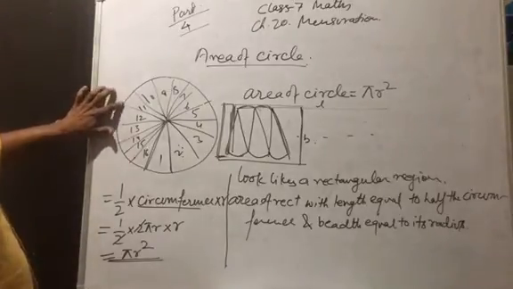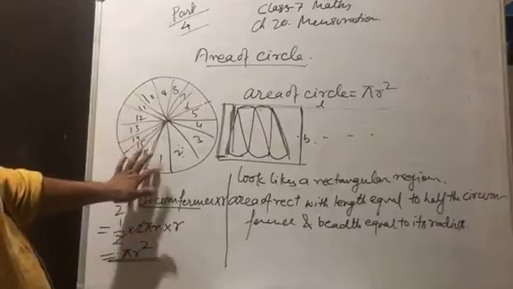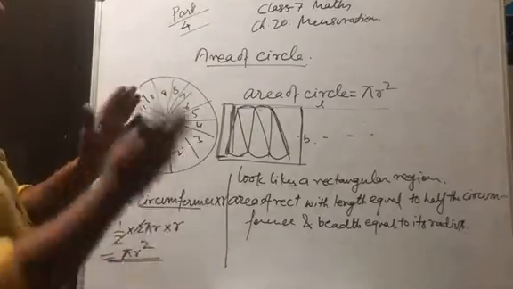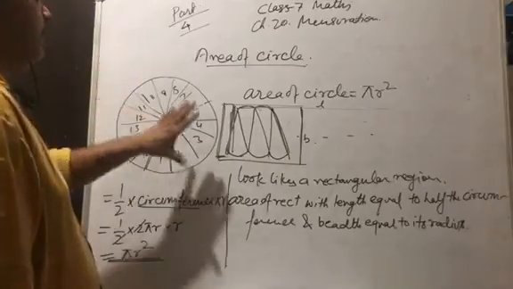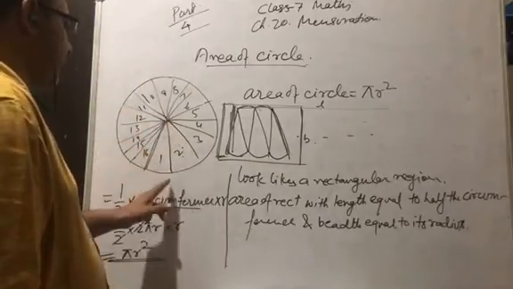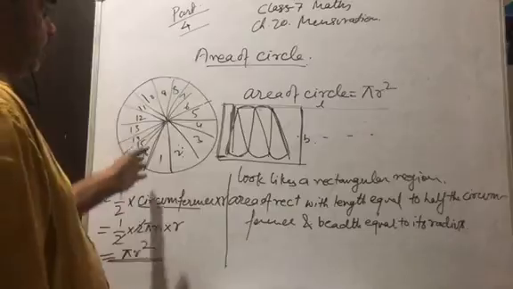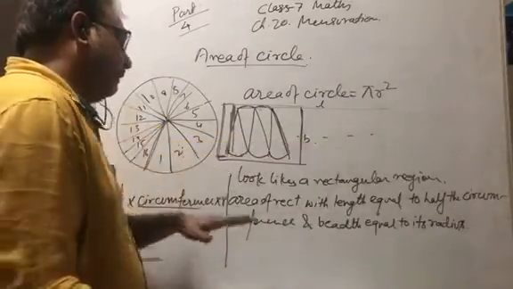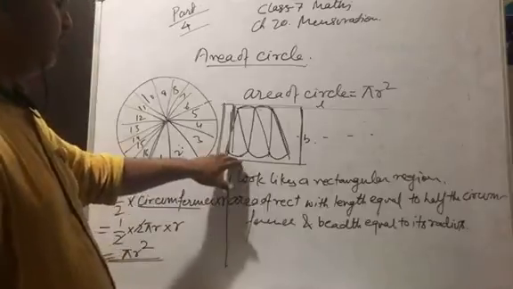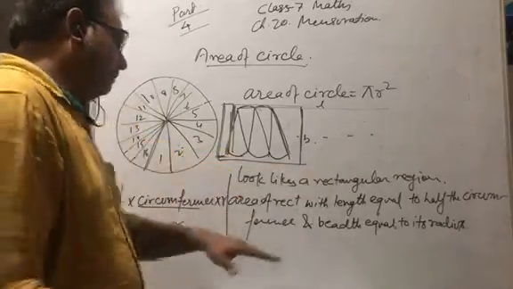I repeat, if there is a circle, you can fold a paper as many times as possible. Then you cut along the markings, like 1, 2, 3, 4, 5, 6, however many parts there are, and place them one by one like this. Then you can see this figure is like a rectangular region.